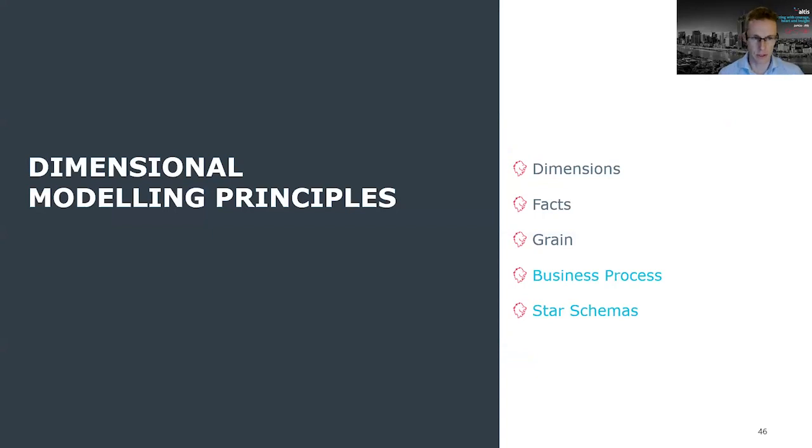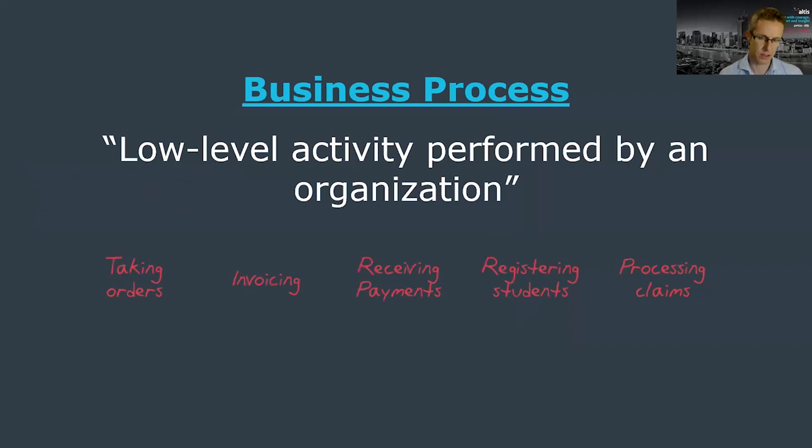So the final two principles I want to talk about are business process and star schemas. So what's a business process? I think we're probably all pretty familiar, but it's a low-level activity performed by an organization. Some examples would be taking orders, invoicing, registering students, processing claims, receiving payments, etc. And if you're wondering, Matt, why are you even talking about business process?